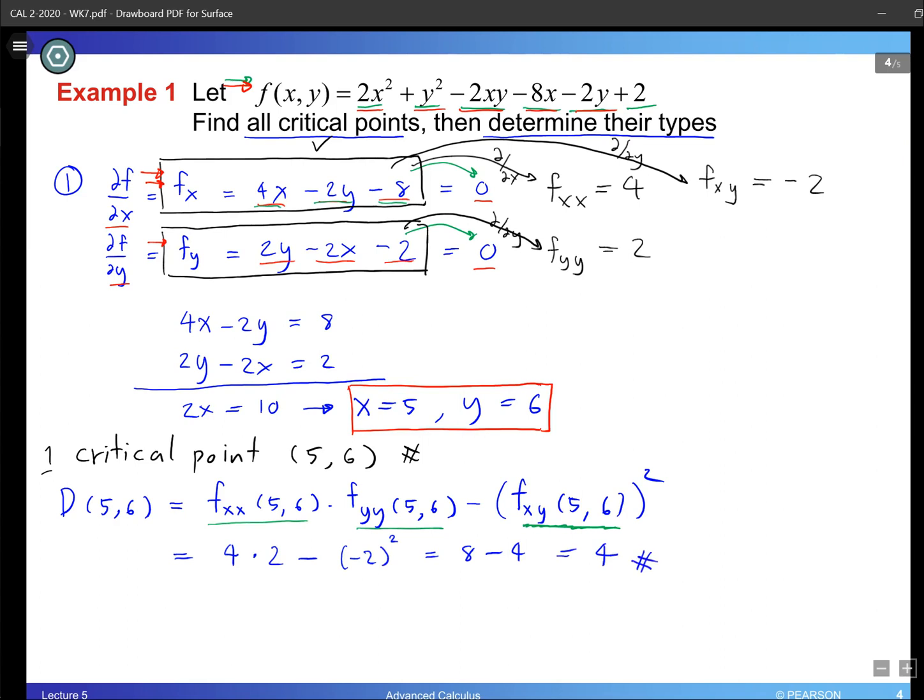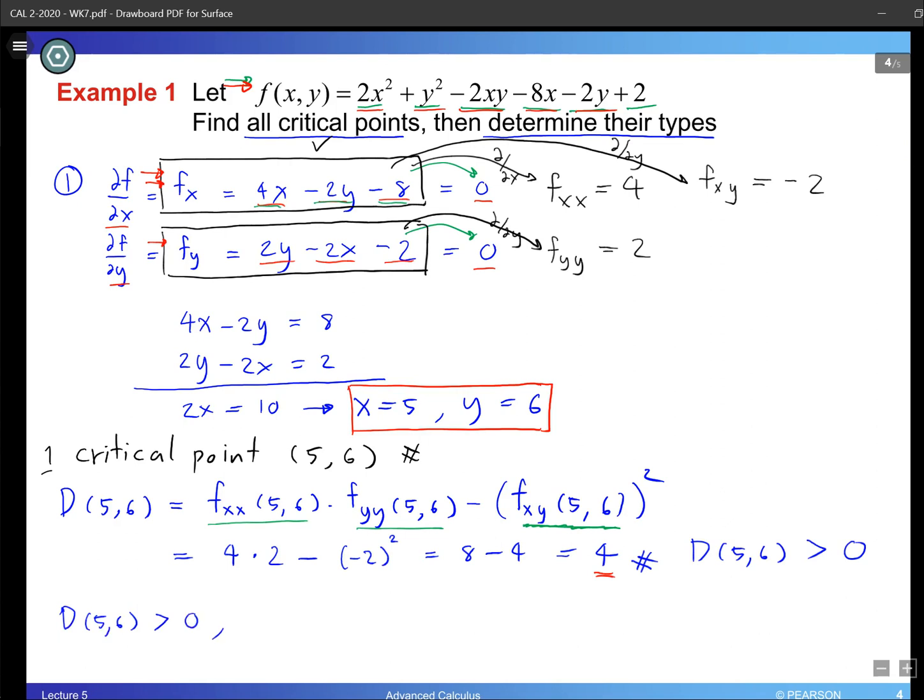And one thing we know is that this 4 right here, D at the point (5, 6), is positive, greater than 0, because we have this 4 right here. Now we can use the guideline that we learned about earlier, and we have all these conditions. So let's take a look. D at this critical point, (5, 6), is positive, because it's equal to 4.